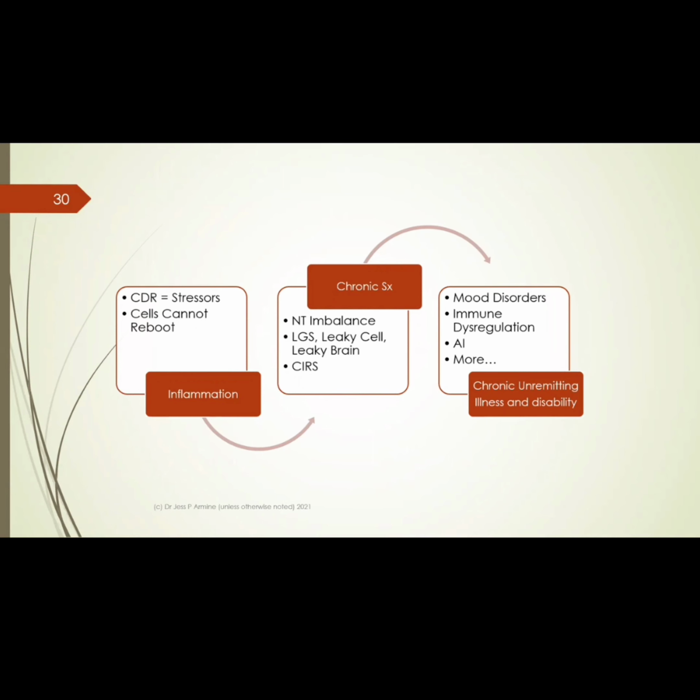Sometimes we call it chronic inflammatory response syndrome, which is usually associated with biotoxins. The chronic symptoms will express as mood disorders, immune dysregulation, autoimmune disease, and chronic unremitting illness and disability. It's all in a big circle, and it gets worse and worse and worse unless we intervene.